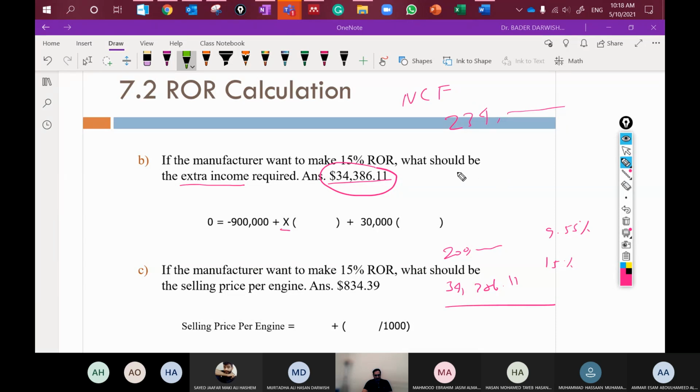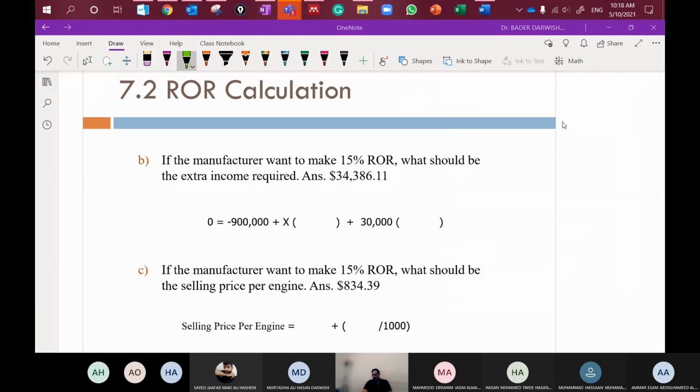So by reaching this, guys, I think we were capable of completing this chapter. As you can see, it's quite interesting.